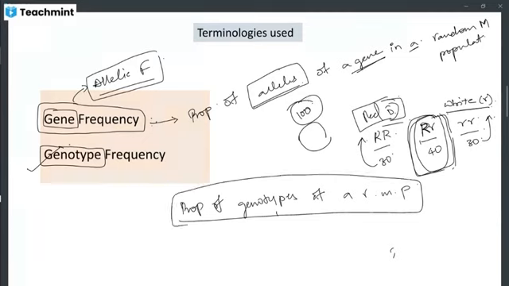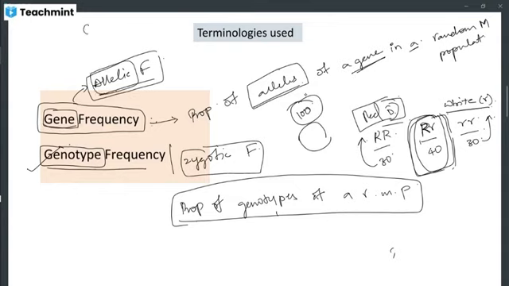Is it okay? Yes, sir. Right? Okay. So genotype frequency is also known as zygotic frequency, whereas gene frequency is also known as allelic frequency, because the gene has two alleles, right?